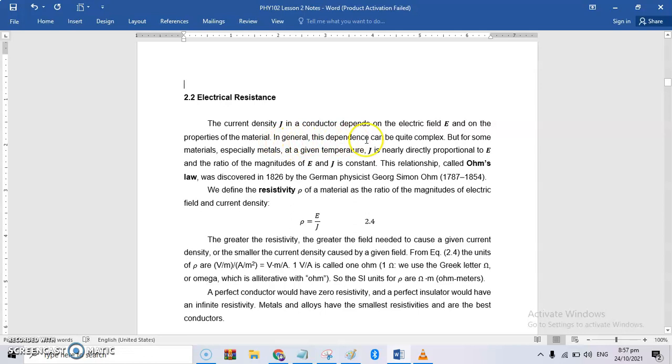In general, this dependence can be quite complex, but for some materials, especially metals at a given temperature, current density is nearly directly proportional to electric field, and the ratio of the magnitudes of electric field and current density J is constant. This relationship is called Ohm's law, and it was discovered in 1826 by the German physicist George Simon Ohm.